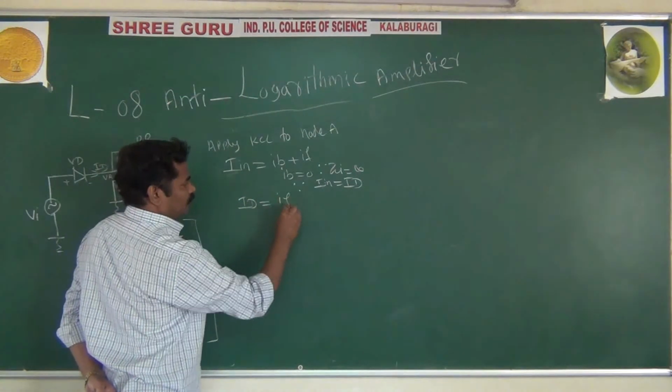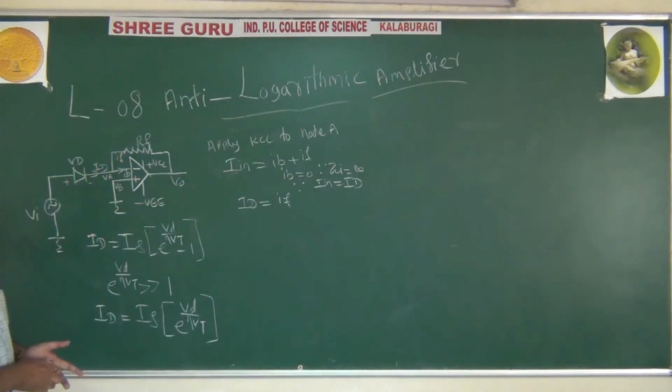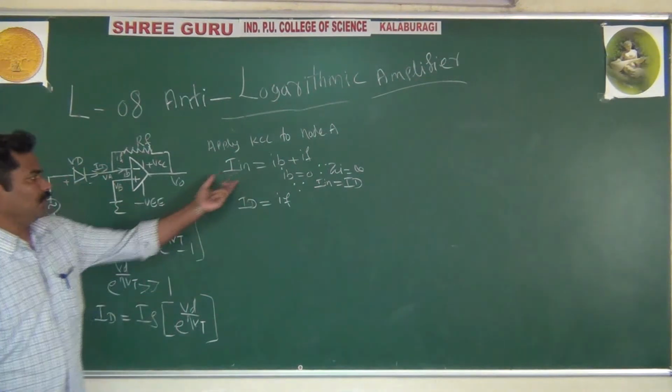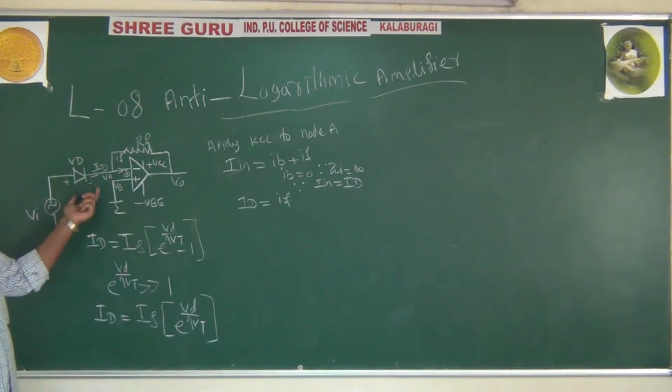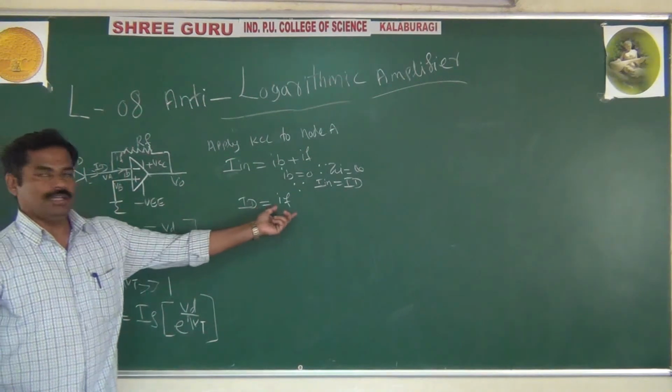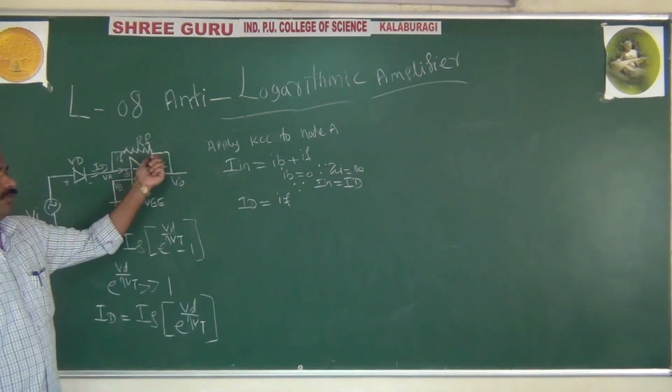Only the change is that in place of IN we consider ID, because you are not connecting a resistor, you are connecting the diode in the input side. That's why it becomes ID. IF is as it is because you are using a feedback resistor.